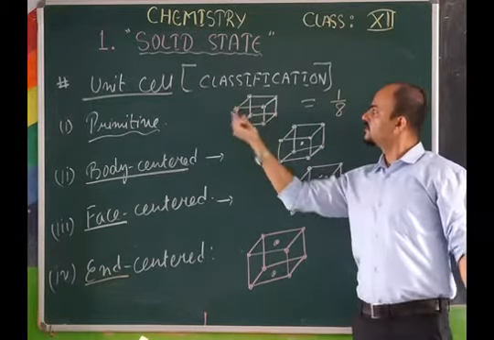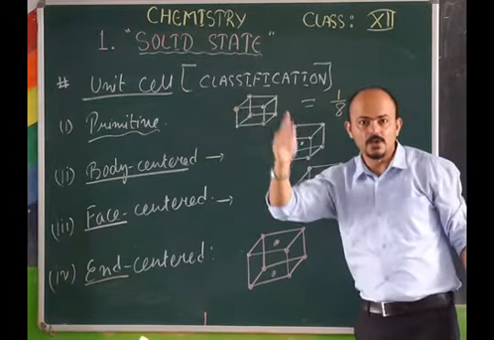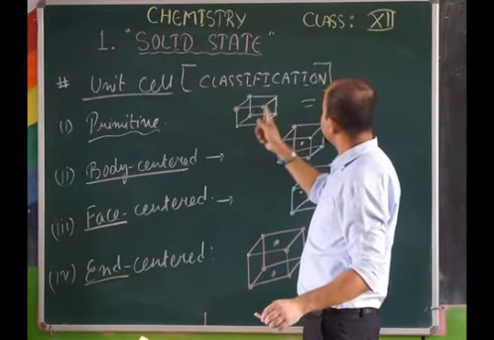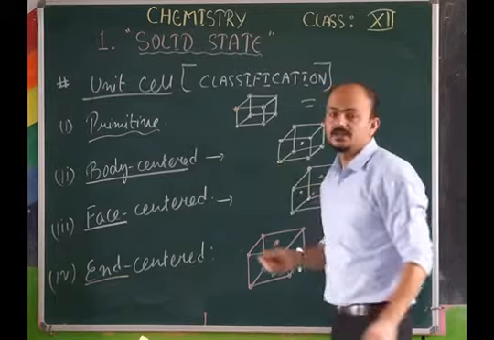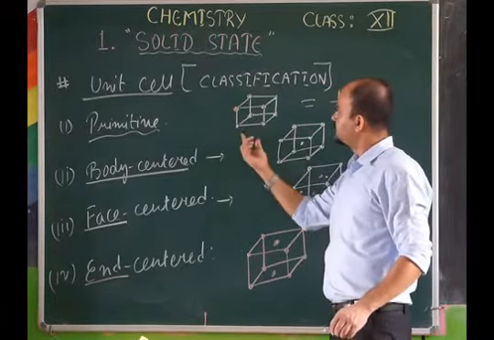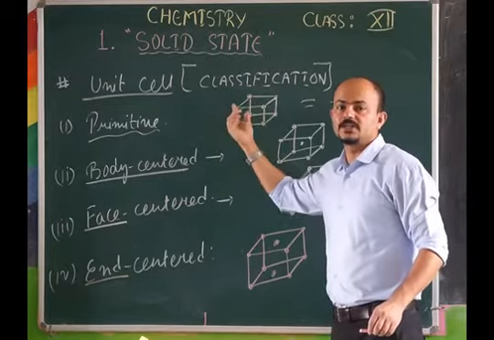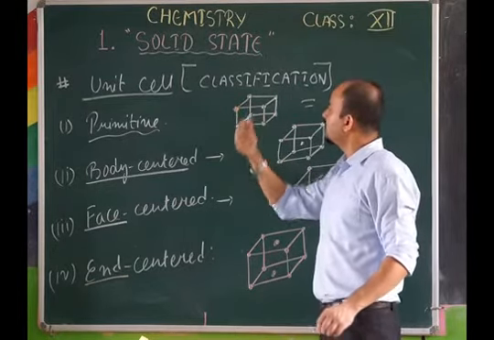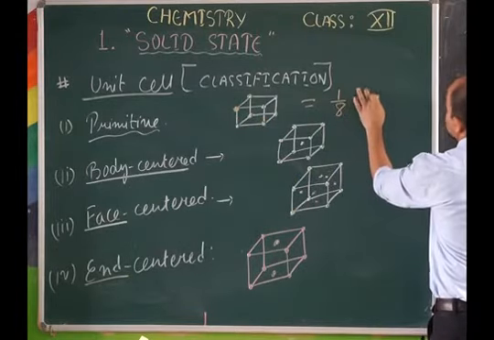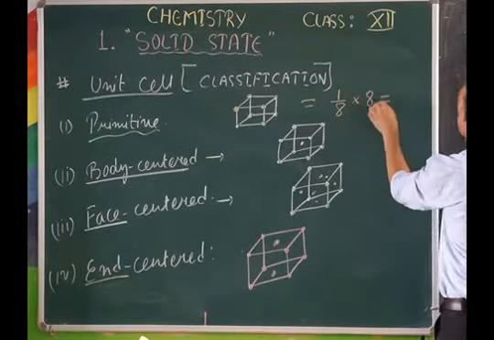Contribution for this unit cell of this atom is what? 1 by 8. In total, how many such atoms are present at the corner? How many? 8 are present. So if you take all of them, the contribution of all of them to this particular unit cell, then it will be what? 1 by 8 into 8.